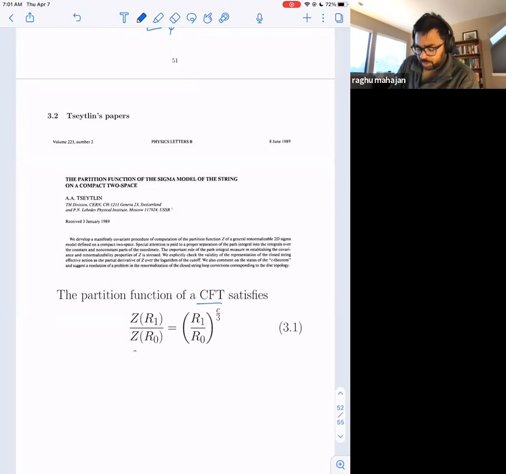The sphere partition function computed at two different radii, R1 and R0, satisfies this condition. This is just the statement of the conformal anomaly. You might have thought that it's a CFT, so the partition function should be independent of radius, but it's not. It depends on this radius in a very simple way, R1 over R0 to the C over 3.